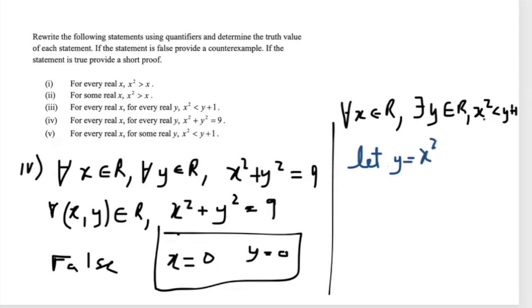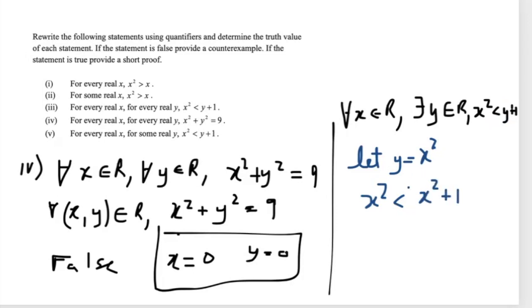Because given this condition, this side has to be greater than x squared. So the smallest number y can be is x squared. It cannot be smaller than x squared. So I replace y with x squared. Therefore I'll have x squared is less than x squared plus 1.